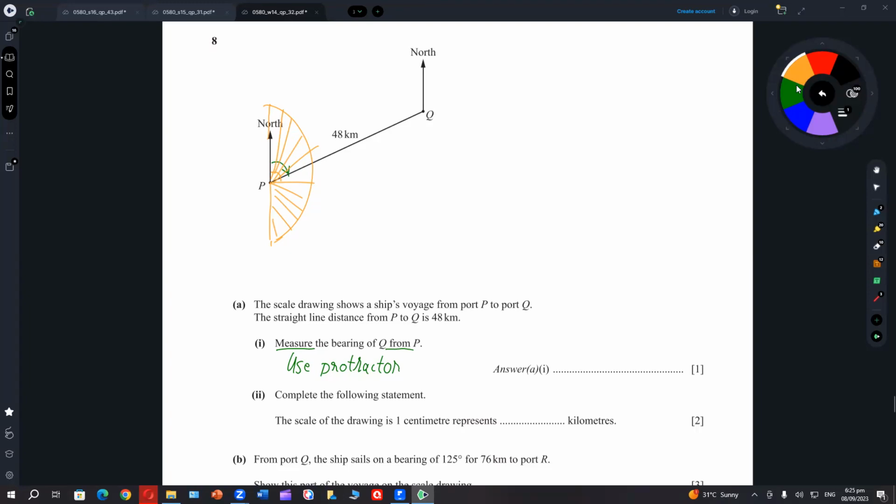So this is the way we put the protractor.